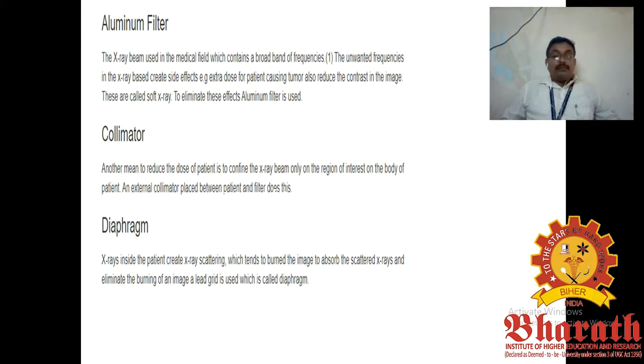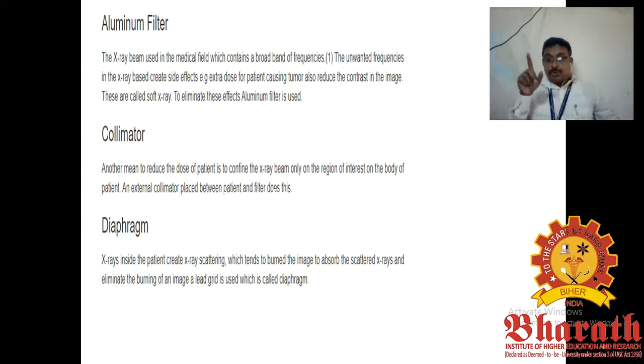Then the diaphragm. X-rays inside the patient create X-ray scattering, which tends to blur the image. To absorb the scattered X-rays and eliminate the blurring of the image, a lead grid is used, which is called a diaphragm.